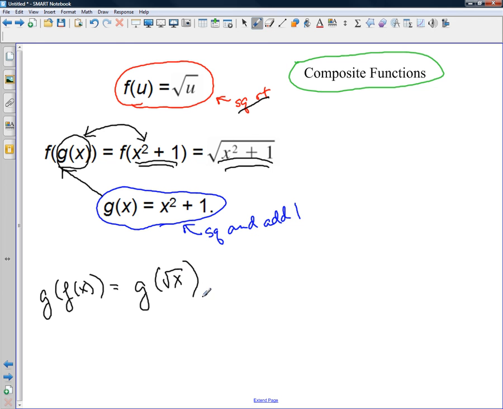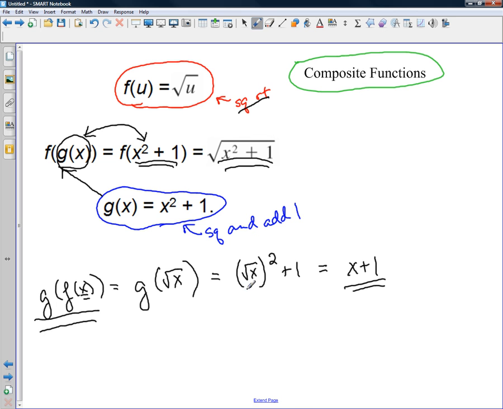Remember, the f function is take the square root of whatever is there, in this case an x, and then the g function says take whatever you got, in this case the square root of x, and square it and add 1. This would result in x plus 1, something quite different than what we got when we took f of g of x. The order matters, the order of application.